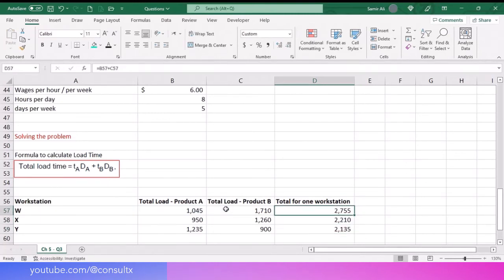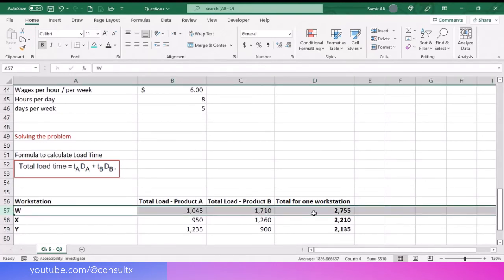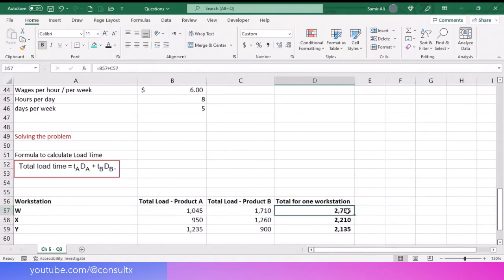So you can see that we get the answers over here, and the workstation with the highest number of minutes is workstation W, because it takes 2,755 minutes at workstation W, whereas workstation X is 2,210 and Y is 2,135.